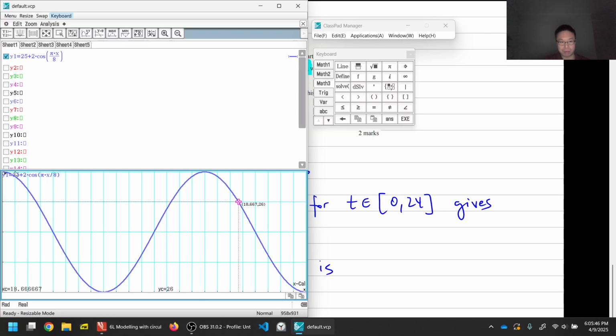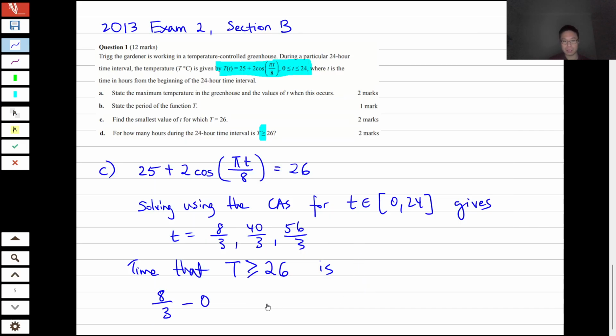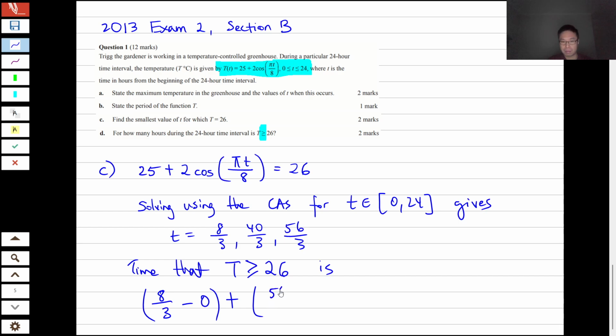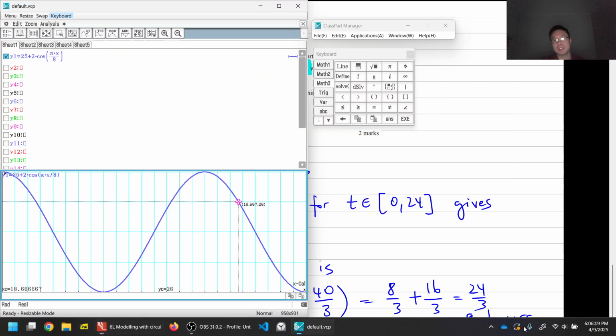That's this first region here, so 0 to 8 on 3, plus the region in between 40 on 3, which is here, and 56 on 3, which is here. So that's 8 on 3 plus 16 on 3, which is 24 on 3, which is 8 hours.